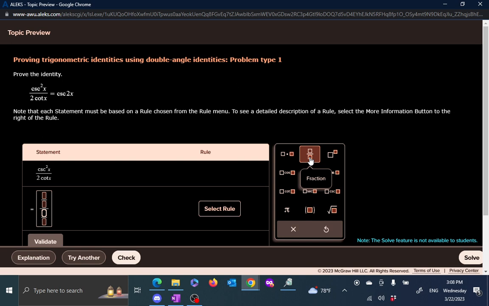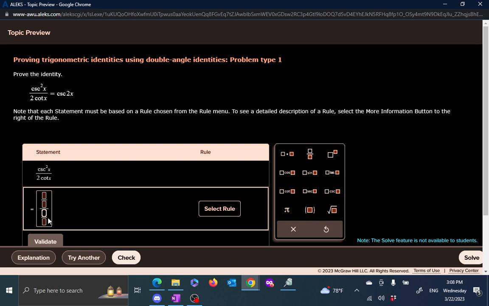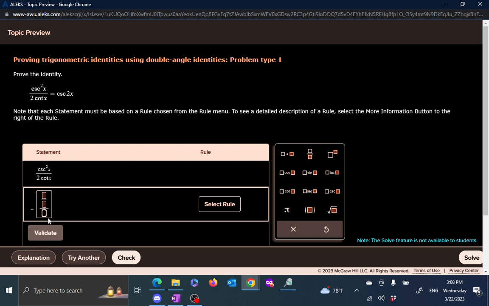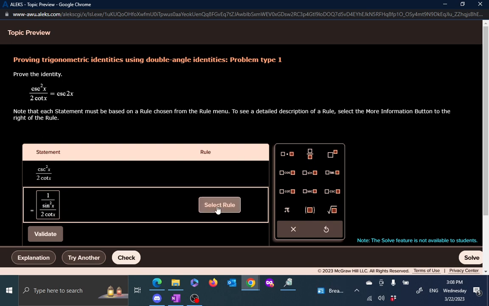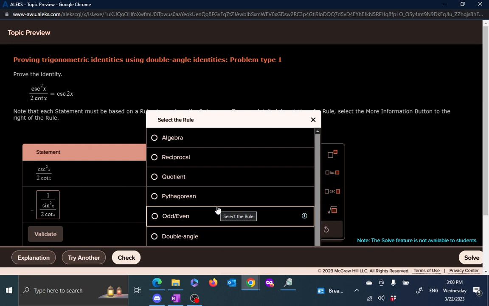Let's see if maybe it becomes too many of these fractions. Let's do one at a time. So cosecant of x then of course is 1 over sine square of x. So I leave the other one alone for a moment, 2 cotangent of x. So we wouldn't be accused of doing two things at the same time.